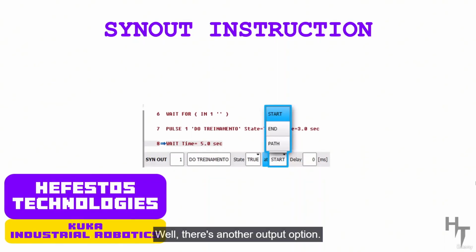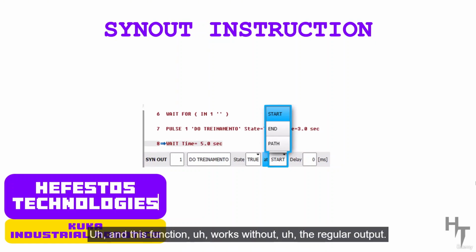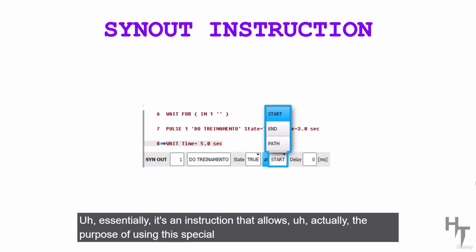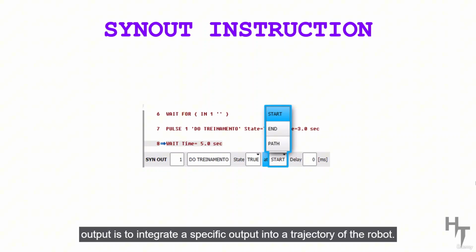Well, there's another output option, and this function works without the regular output. Essentially, the purpose of using this special output is to integrate a specific output into a trajectory of the robot.